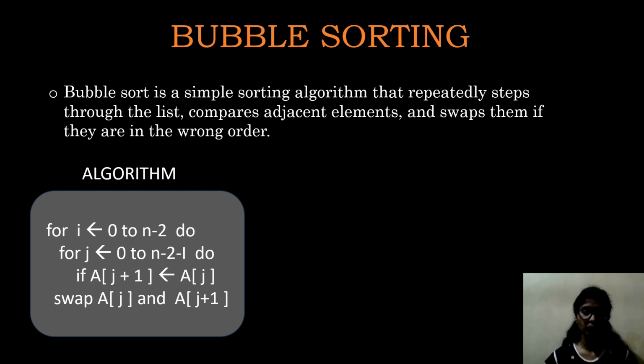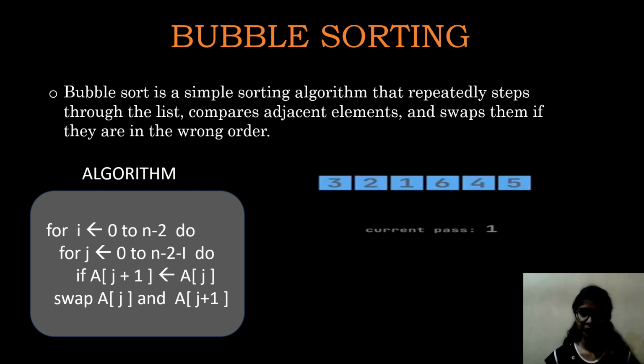If a of j plus 1 is less than a of j, we swap the jth element with the j plus 1 element. Now let's see the example using an animation video. Here we are taking 3, 2, 1, 6, 4, 5 as an example.